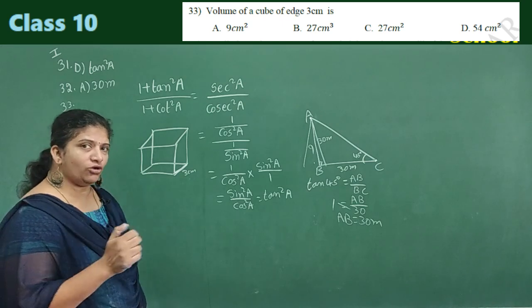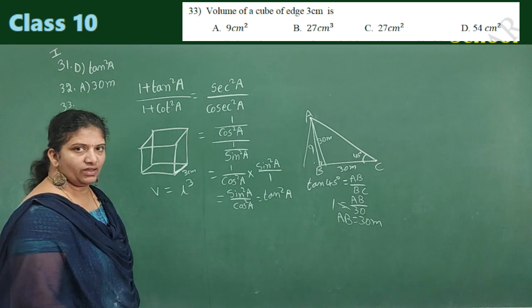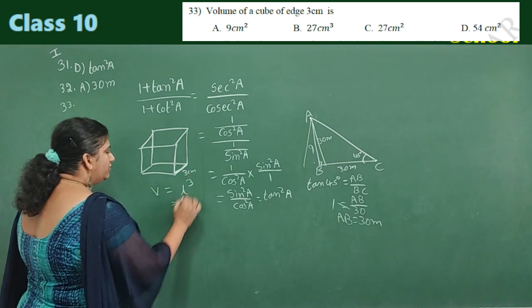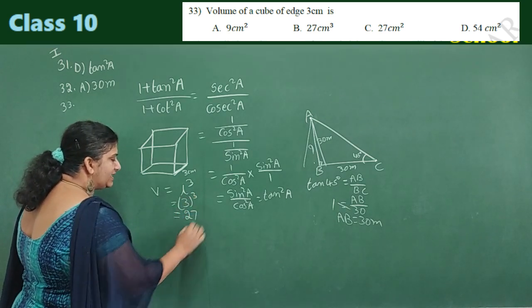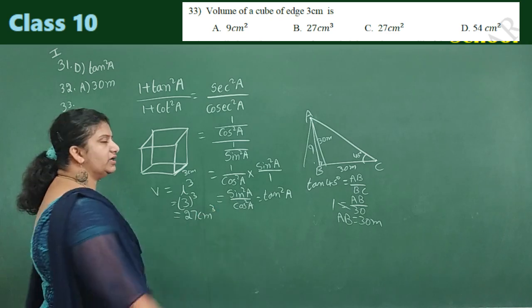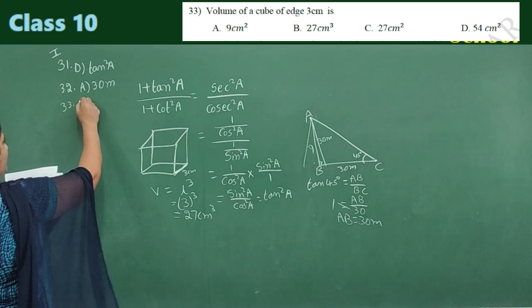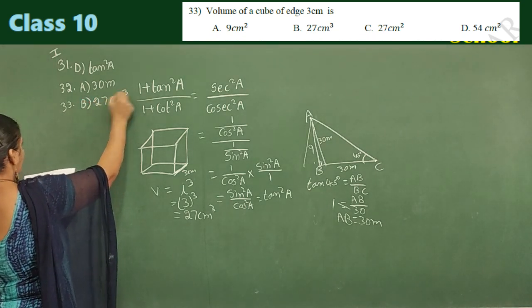Then the volume of a cube formula: volume is equal to L cube. L is nothing but the edge. We know this is 3. 3 cube. 3 3s are 9. 9 3s are 27 centimeter cube is your answer. Check for the answer. Option B, 27 centimeter cube.